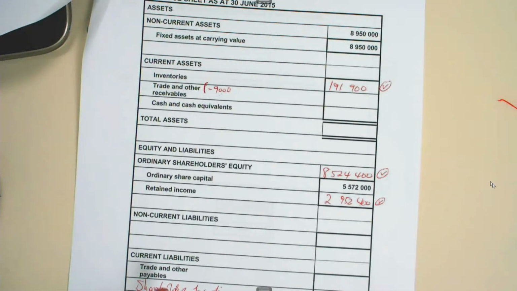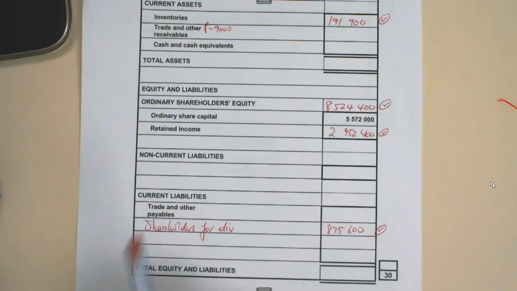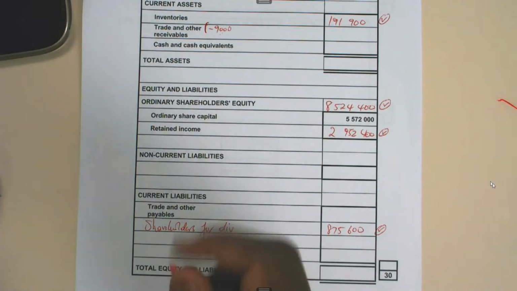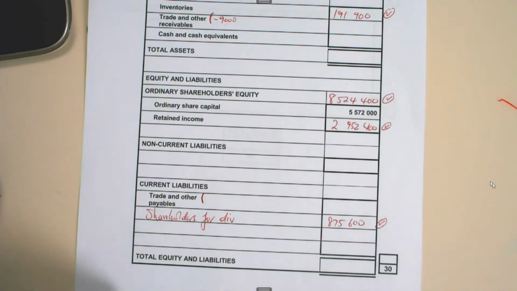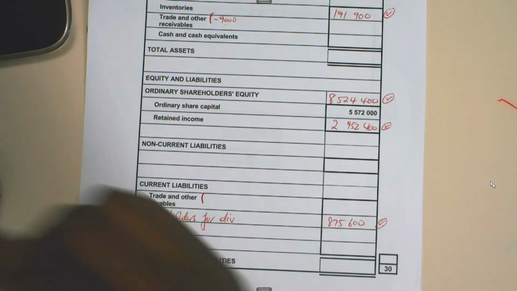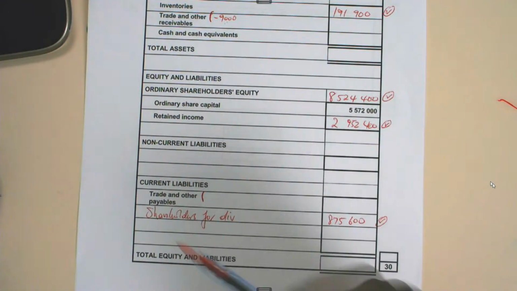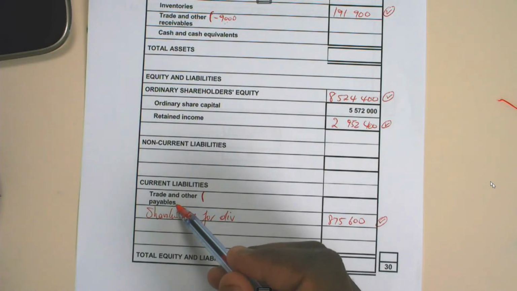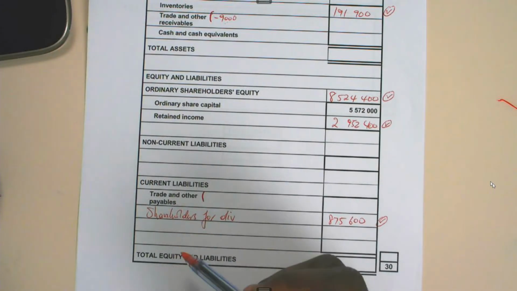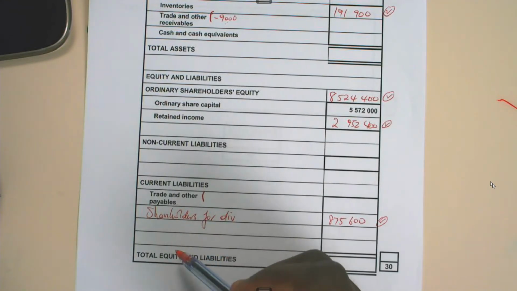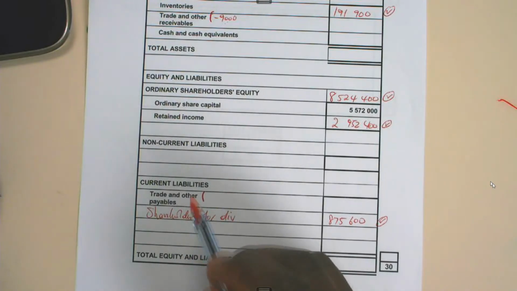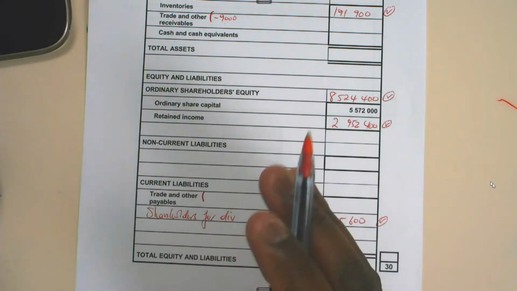And then under current liabilities, we'll open bracket. We're not going to have trading stock. We're not going to have creditors control, accrued expense, or income received in advance individually. No. We'll have trade and other payables.